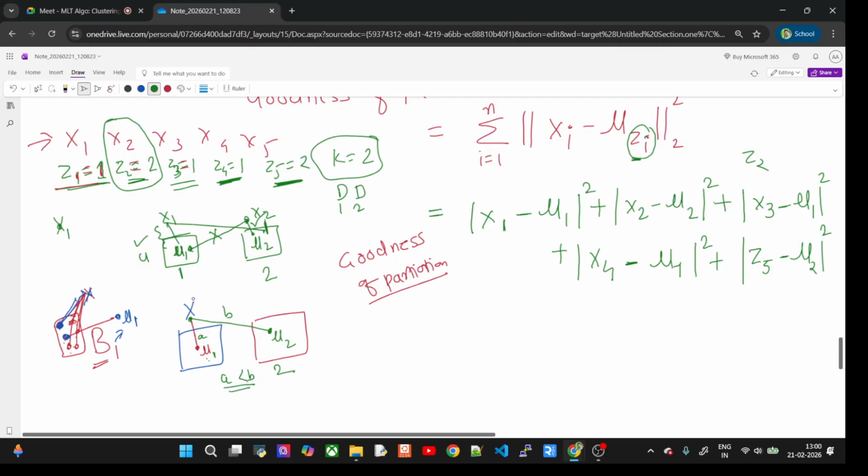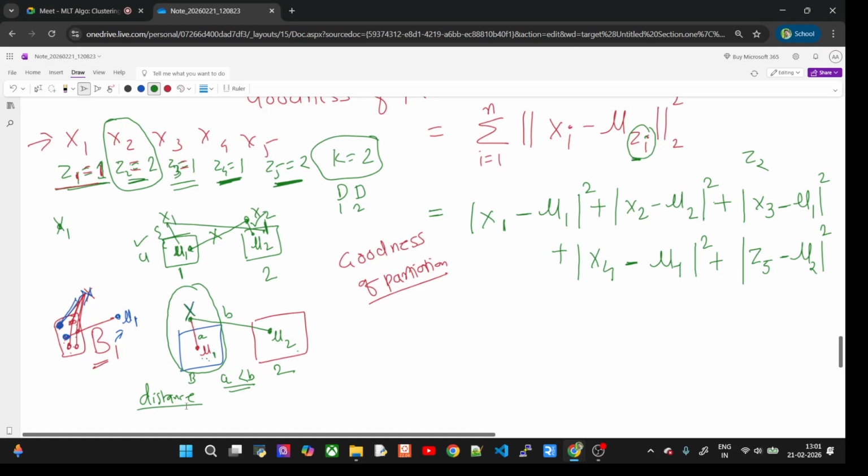It means the distance of your point from this mean or from this box is smaller, which indirectly says that you belong to this cluster, not to cluster number 2. So you are indirectly calculating the distance to say which cluster the point belongs to: cluster 1, cluster 2, cluster 3.